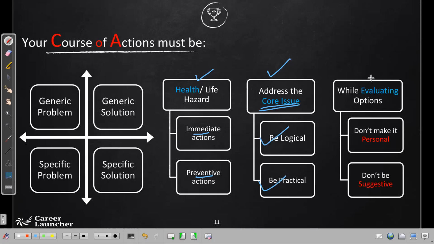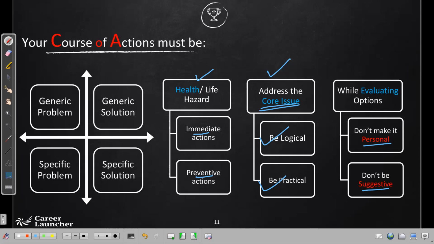And the last very important tip while evaluating these options, keep in mind, don't make it personal. It's not your problem. Don't be suggestive, like, okay, I can suggest a better solution, therefore the options that you have given, A and D, do not make sense. Okay, this is not your problem.